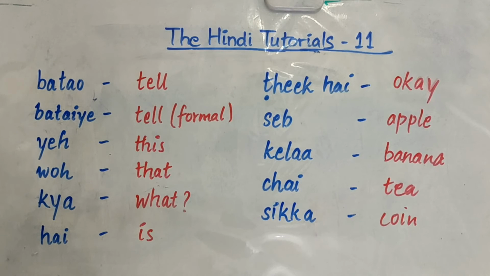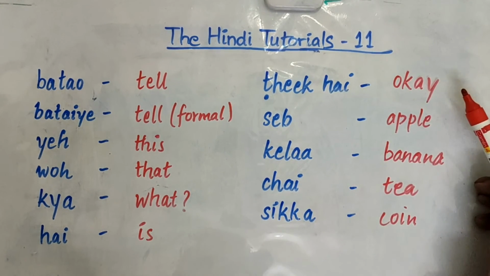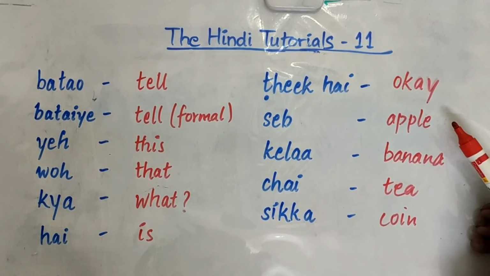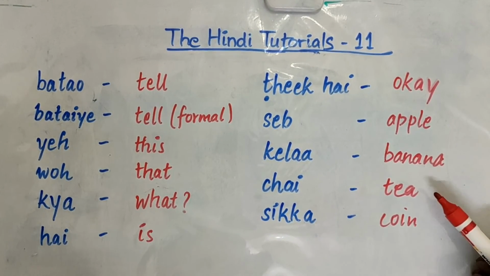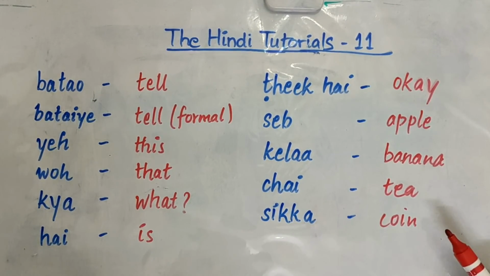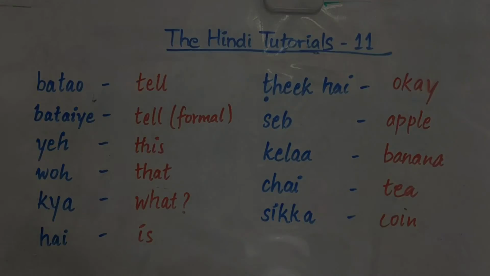We directly say ye and wo. Okay. Kya means what. Hai is. Theek hai means okay. Seb is apple. Kela is banana. Chai is tea. And sikka is coin.